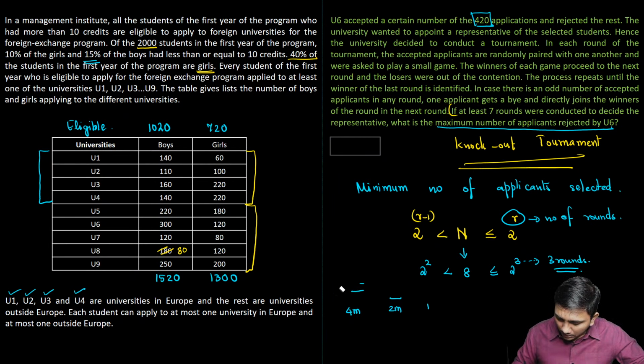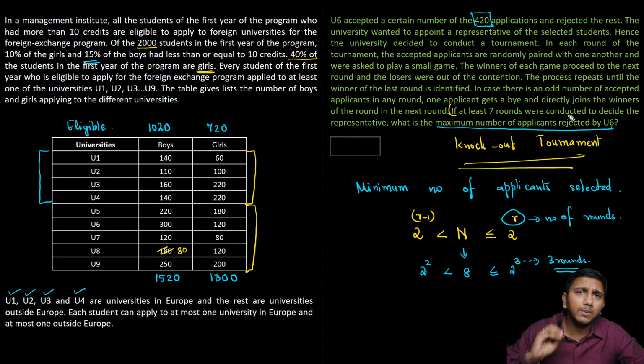Okay. So if you can place the number of people between 2 consecutive powers of 2, the higher power of 2 will be the number of rounds. So as it is given, at least 7 rounds were conducted. So let's find out what is the minimum number of people you require for 7 rounds. So what is the maximum you can have if there are 6 rounds?